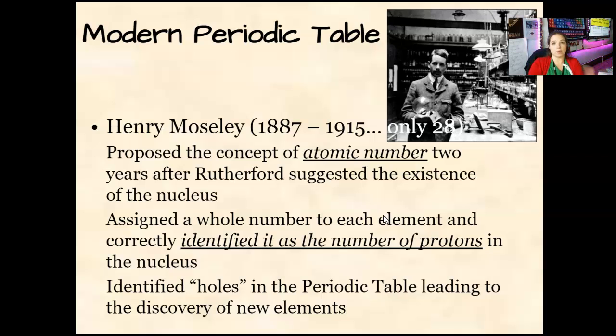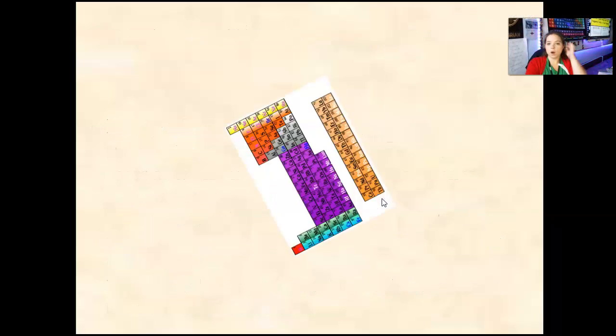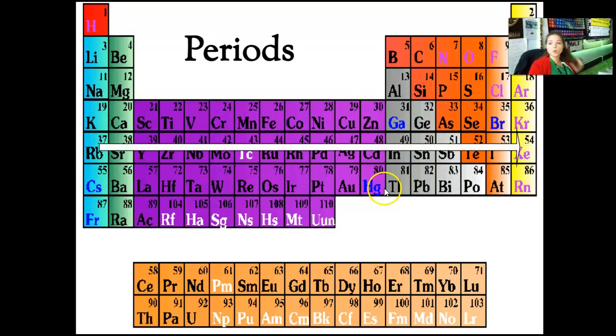So the atomic number, that's the one we use now, which goes by the amount of protons in the nucleus. He also identified holes in the periodic table that led to the discovery of even more new elements at that time.